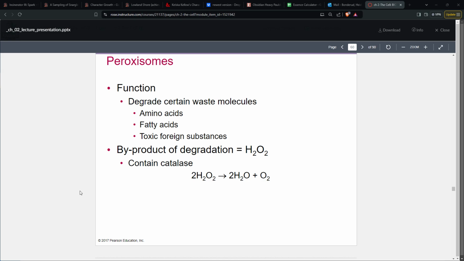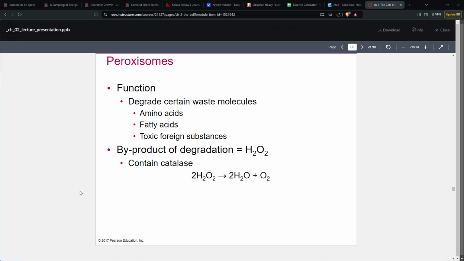For instance, a peroxisome is a lysosome, but it contains a very specific compound. Specifically, peroxisomes are going to be used to degrade certain types of waste molecules, excess amino acids, certain types of fatty acids, and toxic foreign substances, because what they contain is an enzyme such as catalase.